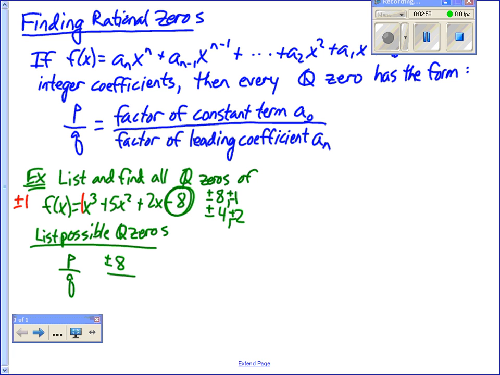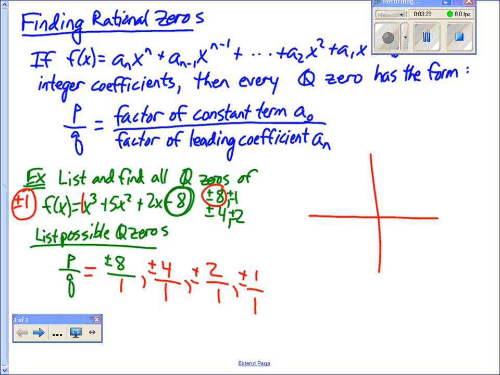So you have plus minus 8 over 1, comma, plus minus 4 over 1, plus minus 2 over 1, and finally plus minus 1 over 1, right? So we take each of the factors of 8 and we put them over the factors of that leading coefficient. So here's all our options, okay?